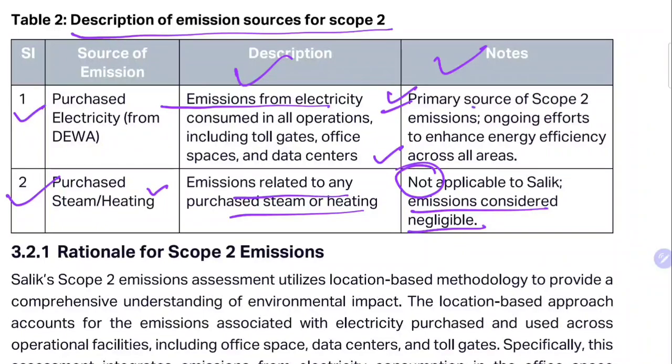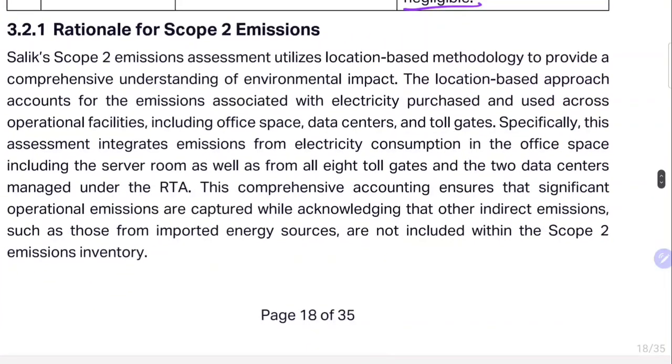Electricity is the primary source of scope 2 emissions. Then what is the rationale for scope 2 emissions? In Salik's case, the scope 2 assessment utilized a location-based methodology to provide a comprehensive understanding of environmental emissions. The location-based approach accounts for emissions associated with electricity purchased across operational facilities, including offices, data centers and toll gates.